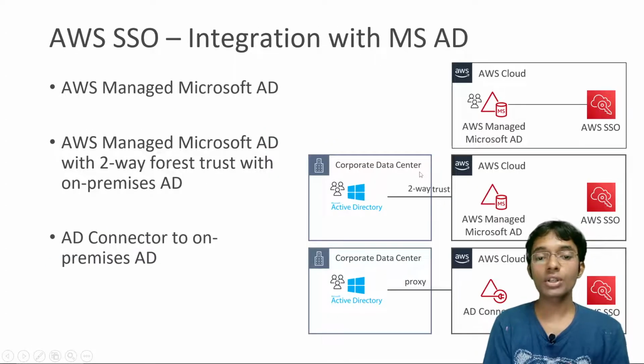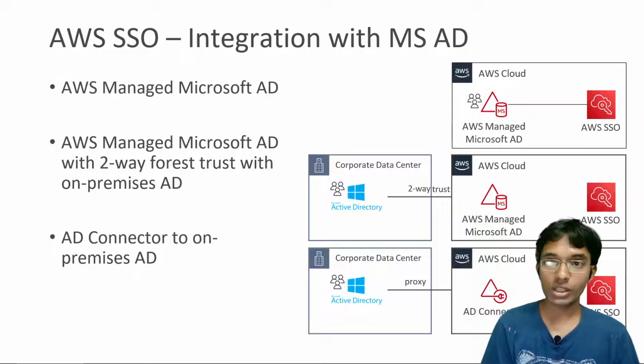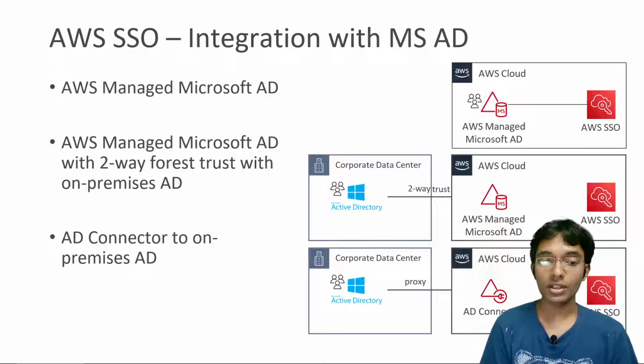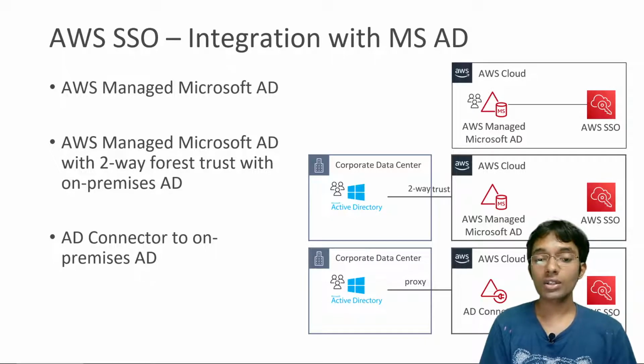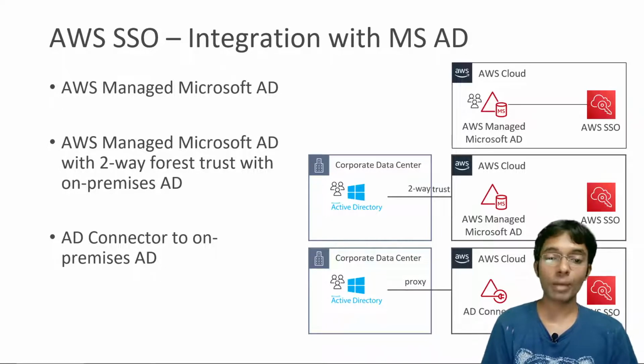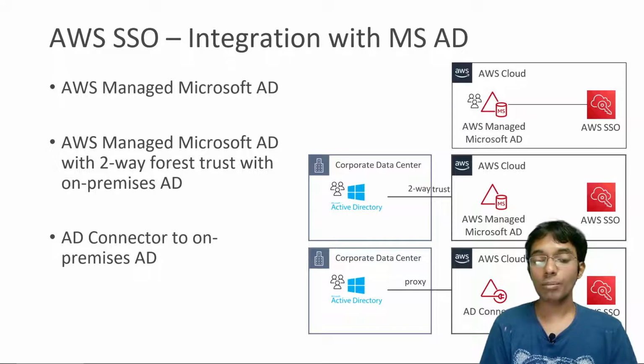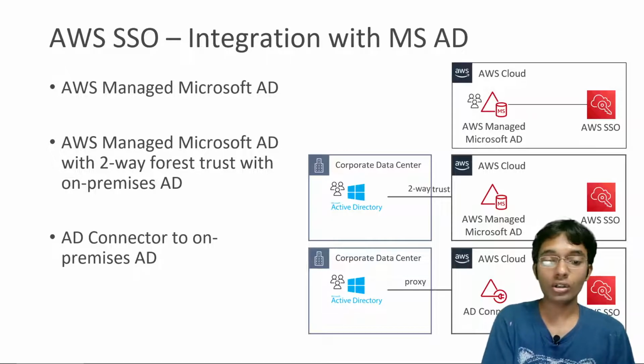Now, how do you integrate with Microsoft Active Directory? Well, you have multiple options. The first one is to use AWS Managed Microsoft AD. It's an AD that lives within your cloud, which is super simple to set up with SSO. If you have an on-premise AD, you can still use a managed Microsoft AD, but then you have to set up a two-way trust between your on-premise Microsoft AD and your cloud managed Microsoft AD, and that works.